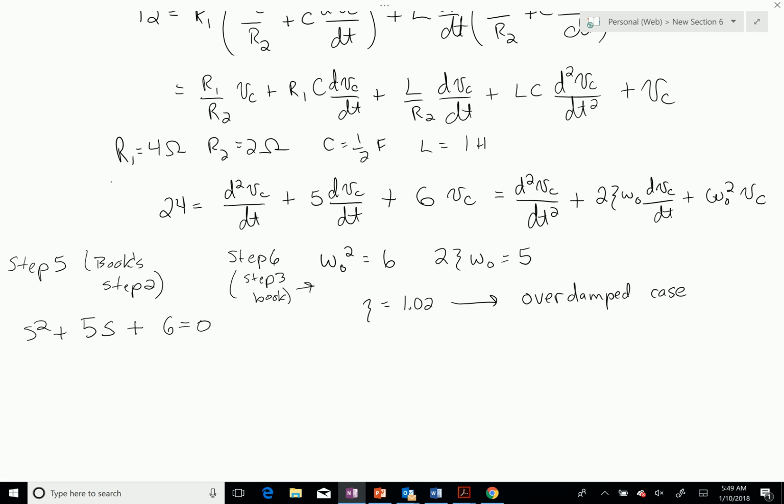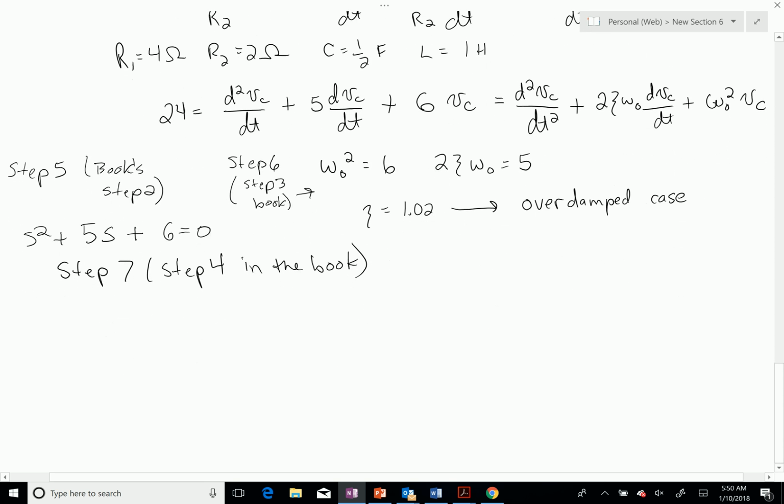So what is going to be, in my case, step 7, which is step 4 in the book, is basically to write the transient response.